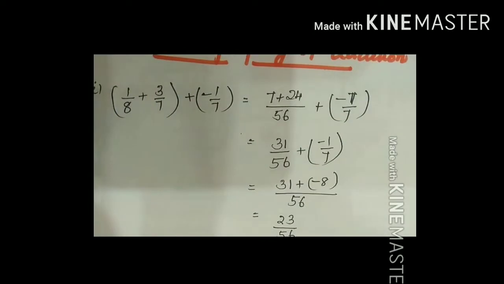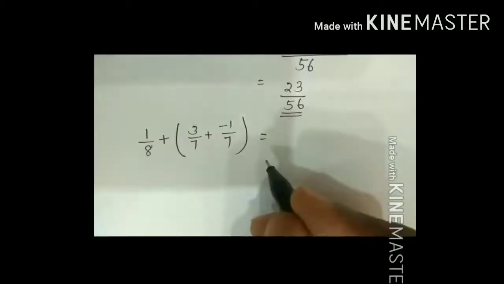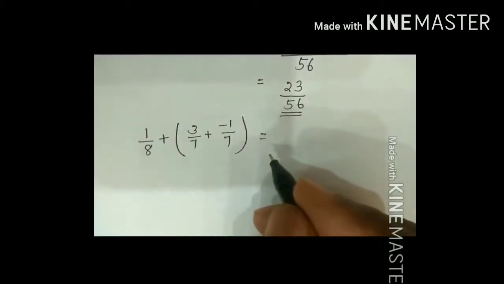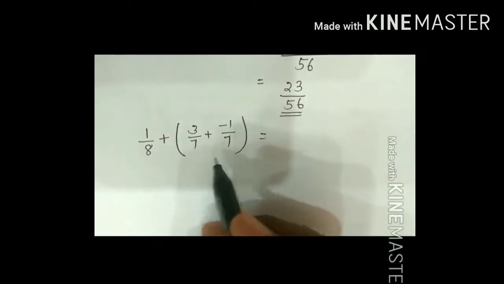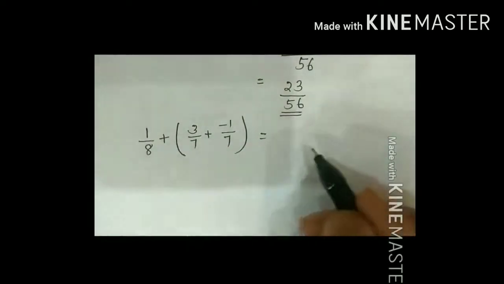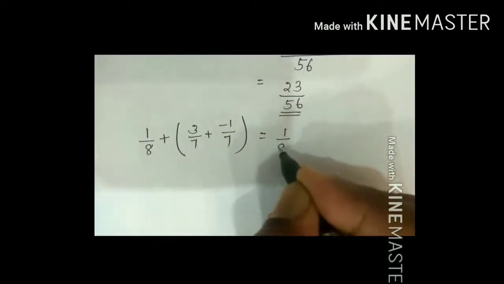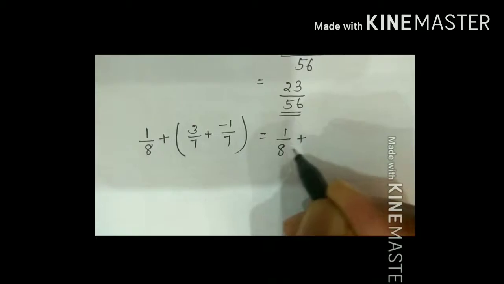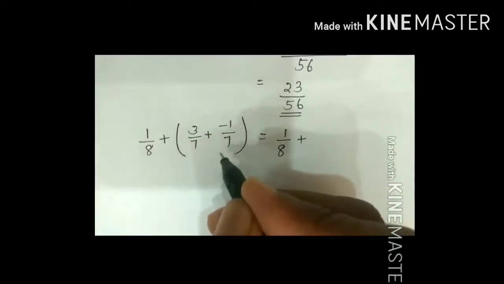So what we are going to do is we are going to add the same rational numbers in a different way. This time I'm going to add second and third first, and the result will be added with the first one. So let's add second and third first. So 1 by 8 will be the same, plus, alright, we are going to add 3 by 7 and minus 1 by 7.